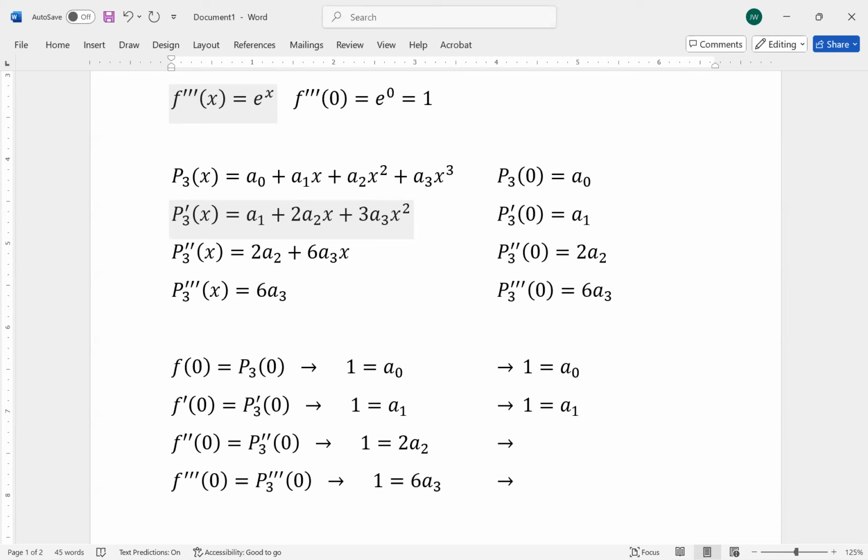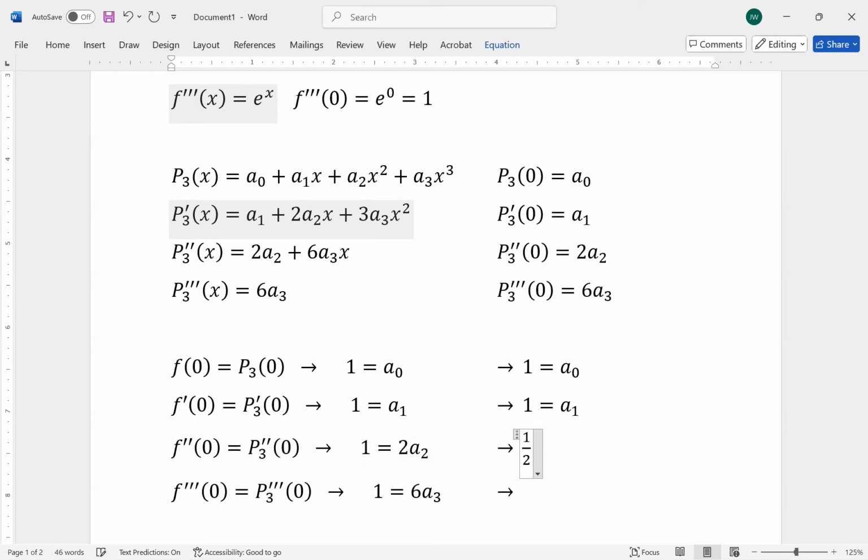When I set the second derivatives equal, I get that 1 is equal to 2 times a2, which means a2 needs to be a half. And when I do that for the third derivatives, that forces 1 equaling 6 times a3. So a3 has to be 1/6.